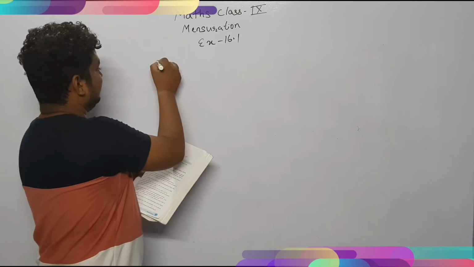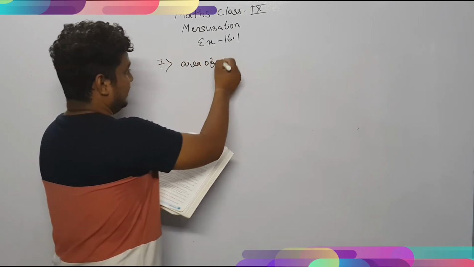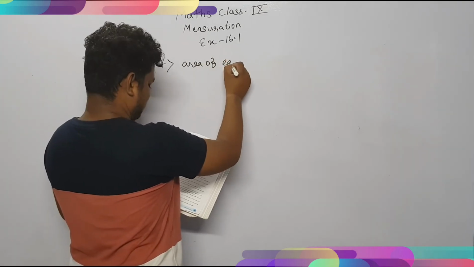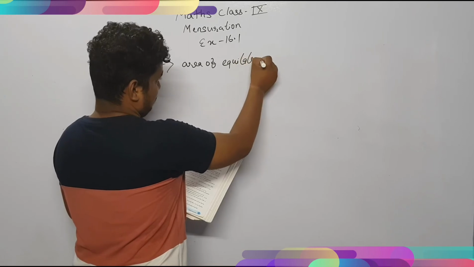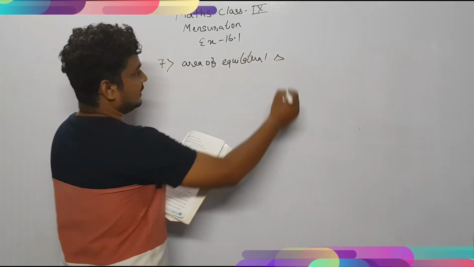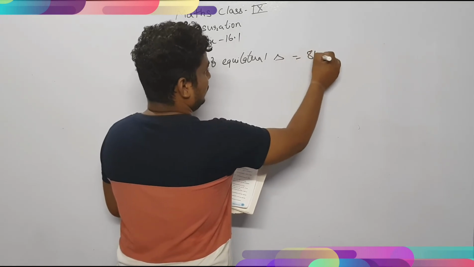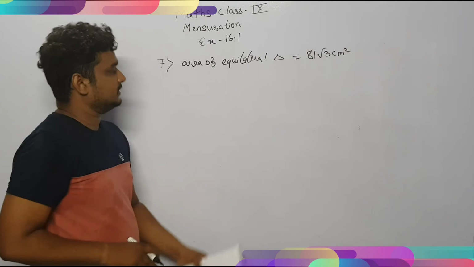Question number 7, area of an equilateral triangle is given as 81 root 3 centimeter square. Clear with this?